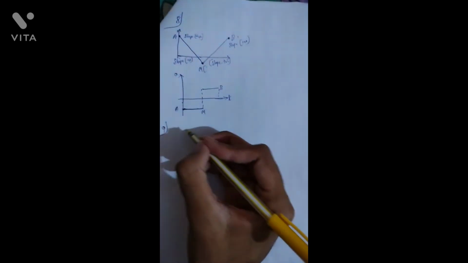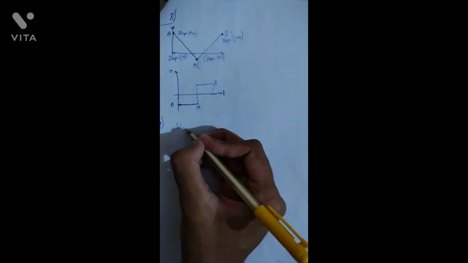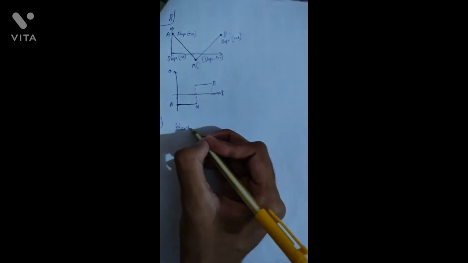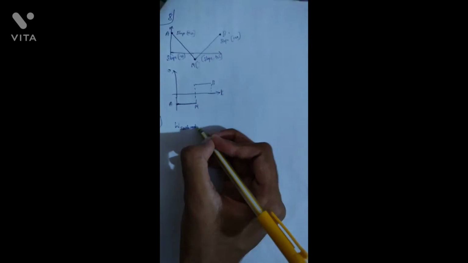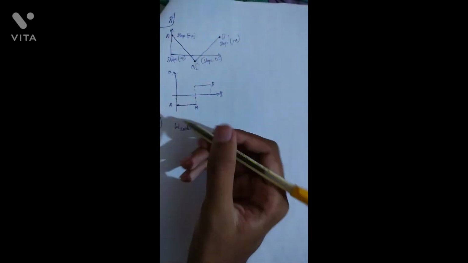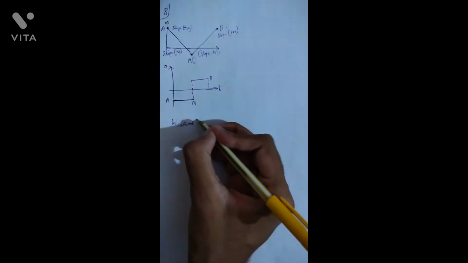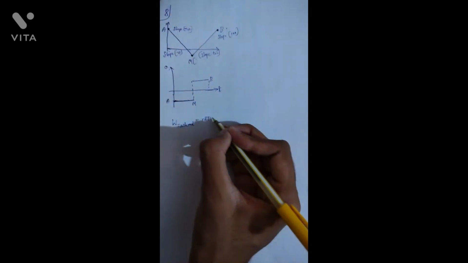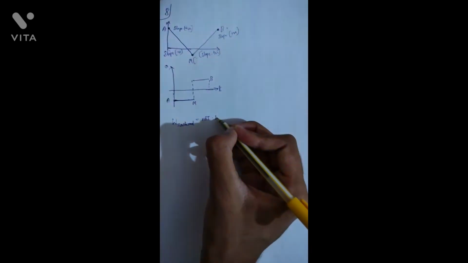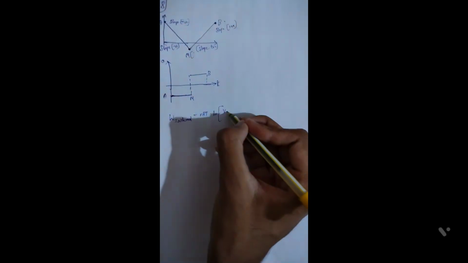First, W isothermal from A to B. For isothermal, the formula will be nRT ln V2 by V1.